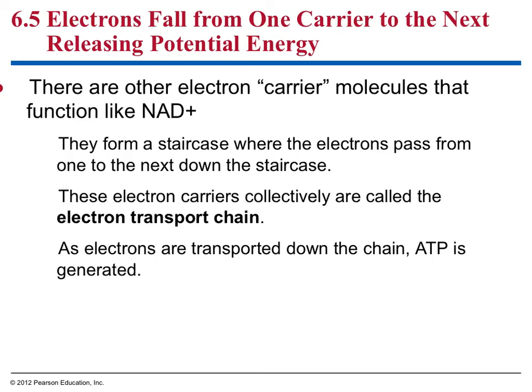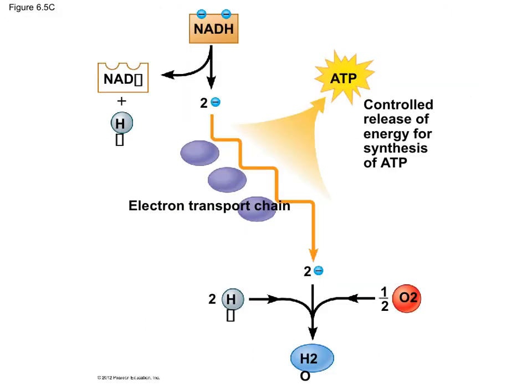The electrons pass from one carrier to the next, down this staircase. This is what we refer to as the electron transport chain. Think of it as a relay race, passing the baton on, passing the electrons on. As those electrons are transported from one molecule to the next down the chain, ATP is generated in the transferring of these electrons from one carrier to the next.